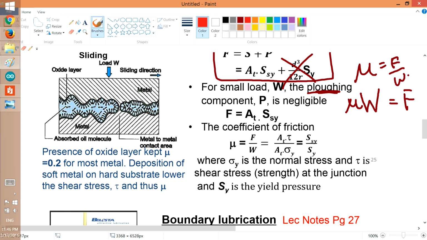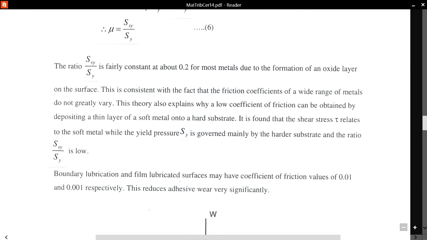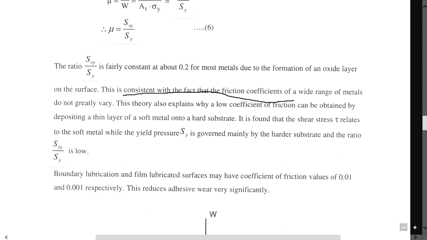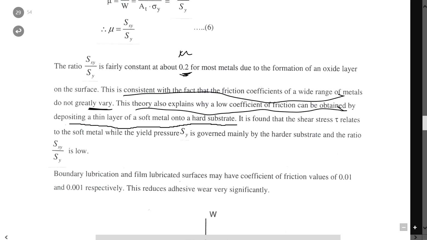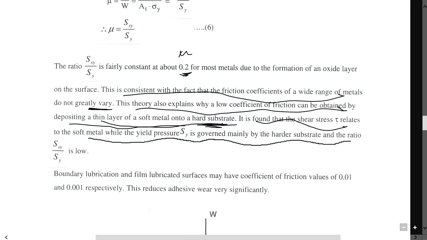Let me see this sentence. This is consistent with the fact that the friction coefficient of a wide range of metals does not greatly vary. So it's still 0.2 for most metals. But this theory also explains why a low coefficient of friction can be obtained by depositing a thin layer of a soft metal onto a hard substrate. If they deposit a thin layer of a soft metal on the hard substrate, it's found that the shear stress relates to the soft metal, while the yield pressure is governed mainly by the harder substrate, and the ratio is low.